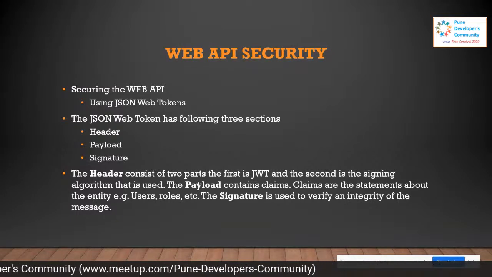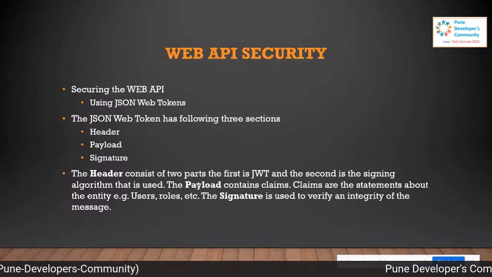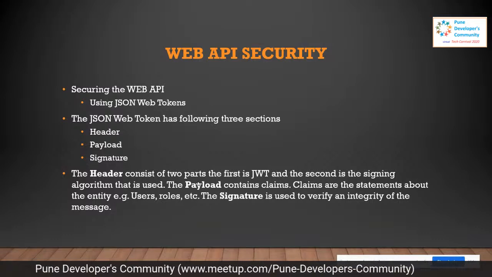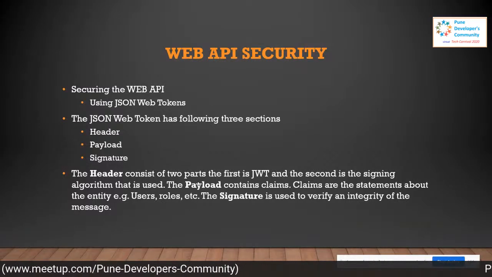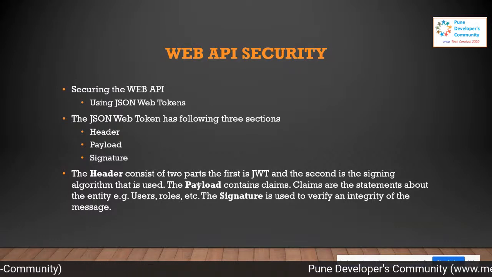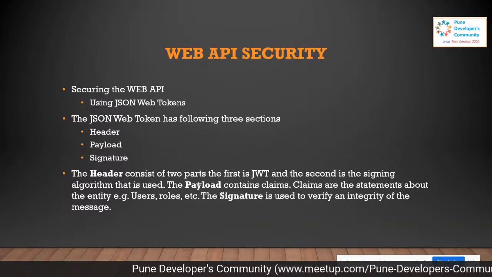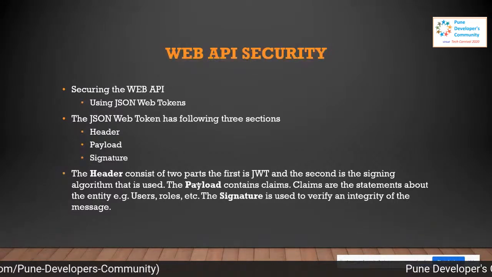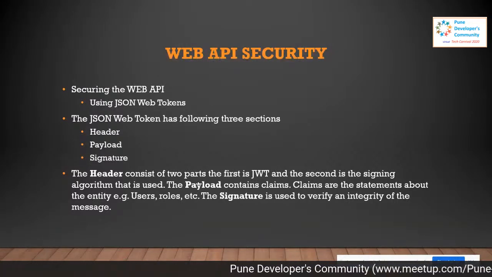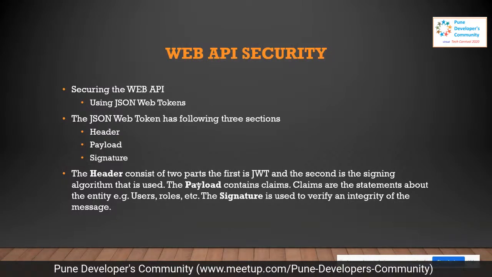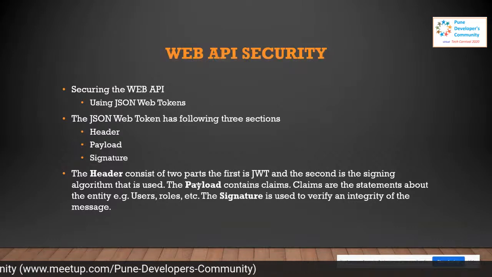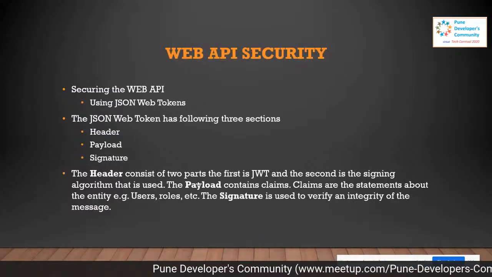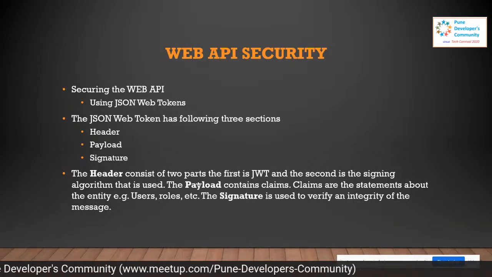The first part contains the token type, JWT, and the second part is the algorithm, with the help of which the token will be generated and further verified. You are supposed to select the algorithm appropriately, because the verification takes place based on this algorithm. It is a type of mechanism for verifying the secrets.